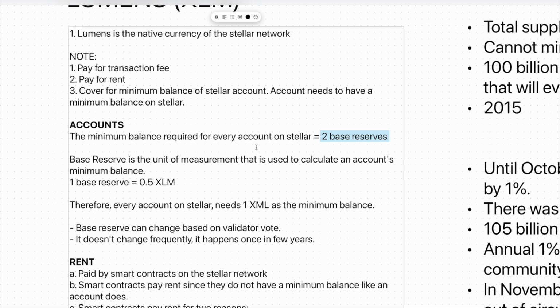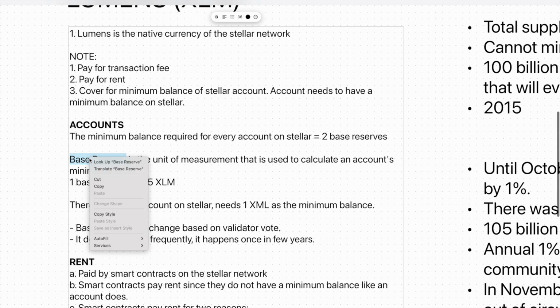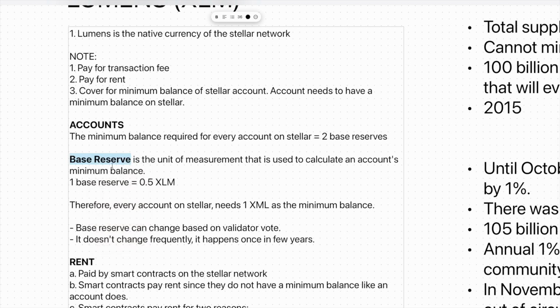Now, what do we mean by base reserves? Let's talk about that also. Base reserve is the unit of measurement that is used to calculate an account's minimum balance.